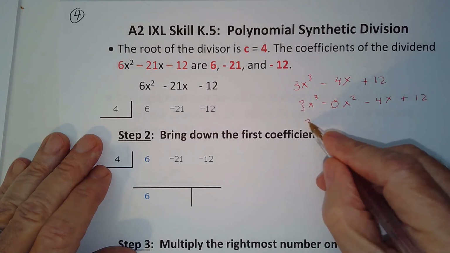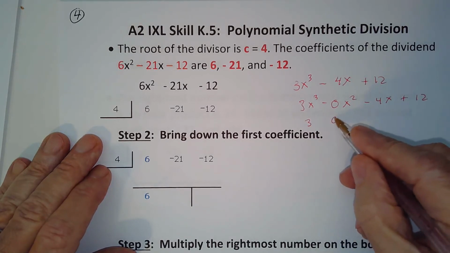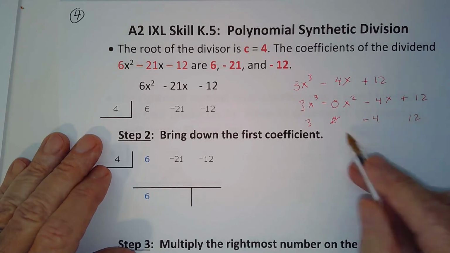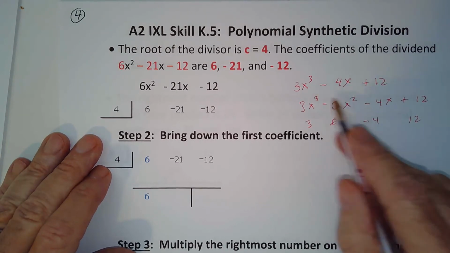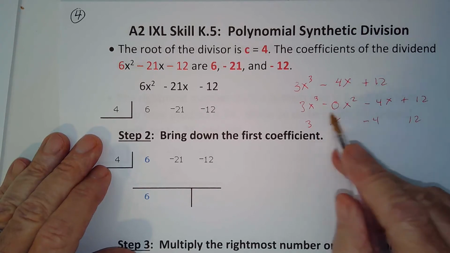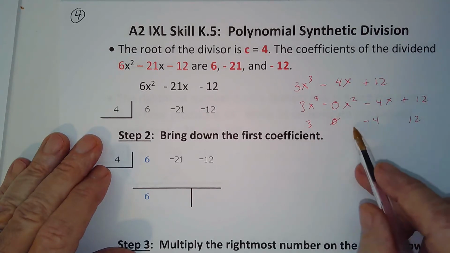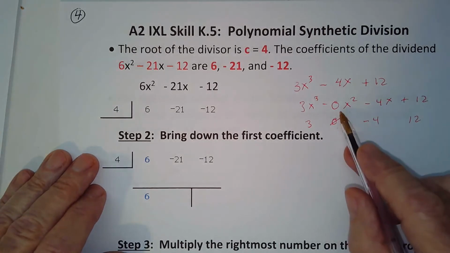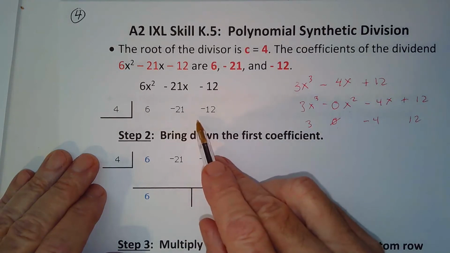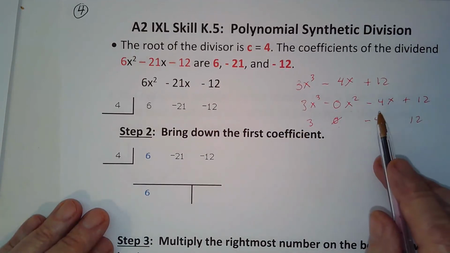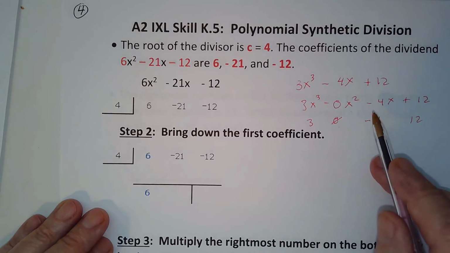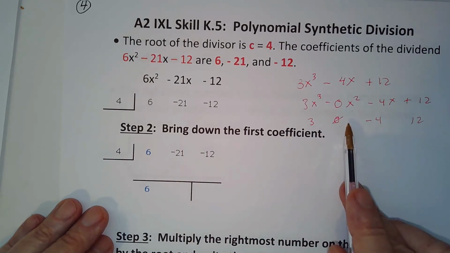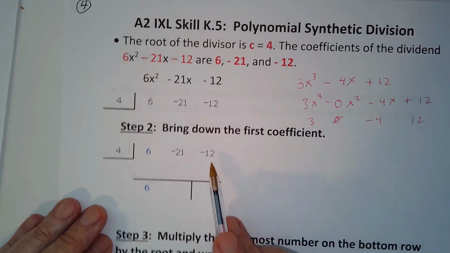Then I bring down a 3, a 0, a negative 4, and a 12. If you're missing a degree, in this case x squared, you have to show it as 0, because 0 is the coefficient for that. But here we don't have that, so you don't have to worry about it. That's just an aside to remember, because you are going to get problems like this as you move on.